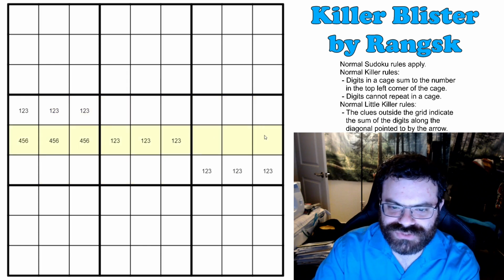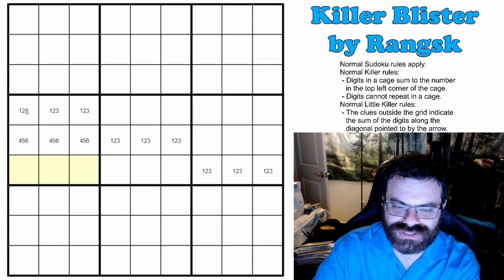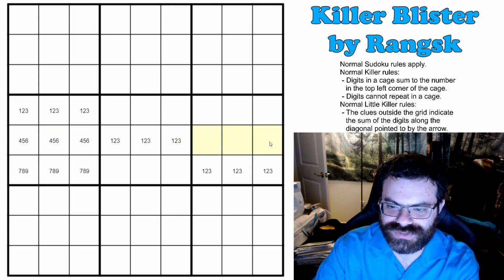So if you think about this row here, let's just fill these 3, for the box, have to be 7, 8, 9. And then for this row, these 3 have to be 7, 8, 9. And so then here we can finish this box with 4, 5, 6. And then here we can finish this row with 7, 8, 9, and finish this with 4, 5, 6.